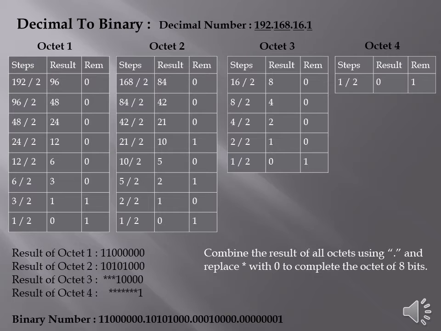So first of all, we will take octet 1, that is 192, and divide it by 2. We are dividing it by 2 because binary number is using base 2.